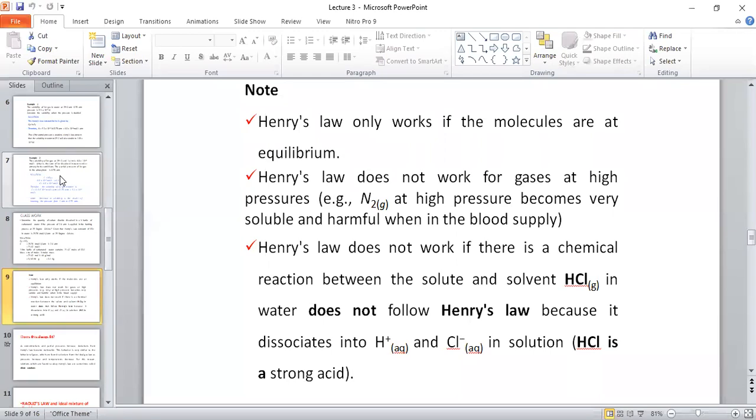The HCl will dissociate in water into hydrogen ions and chloride ions in solution, and this is a strong acid. So where a chemical reaction takes place and something is formed, you don't use Henry's law. It works only where there's no chemical reaction.